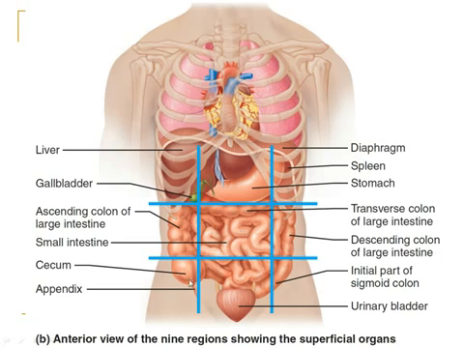The appendix and the cecum are present in the right inguinal region. The sigmoid colon is present in the left inguinal region, and in the hypogastric or pubic region there is the presence of urogenital organs. So this is how the positioning of the viscera takes place with the help of these nine different regions, and they are actually used to analyze the referred areas of pain, from where the pain is arising.